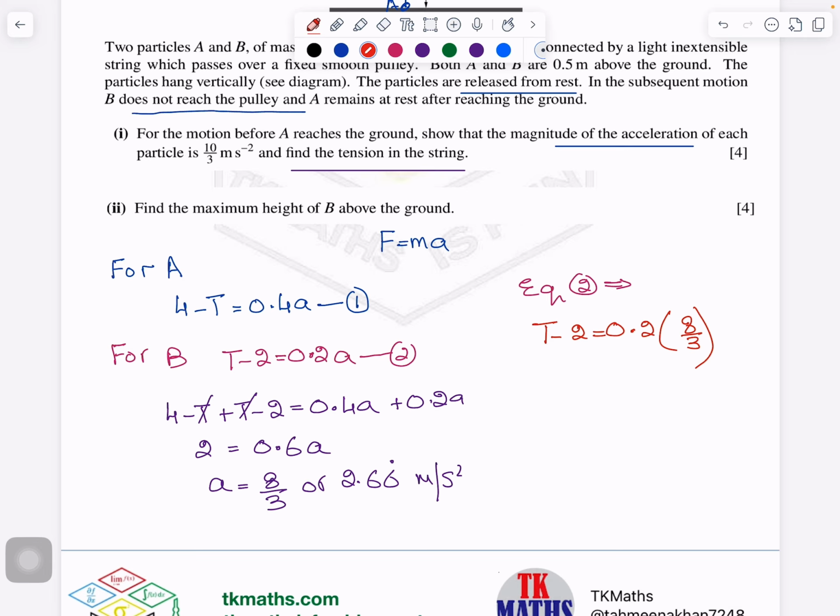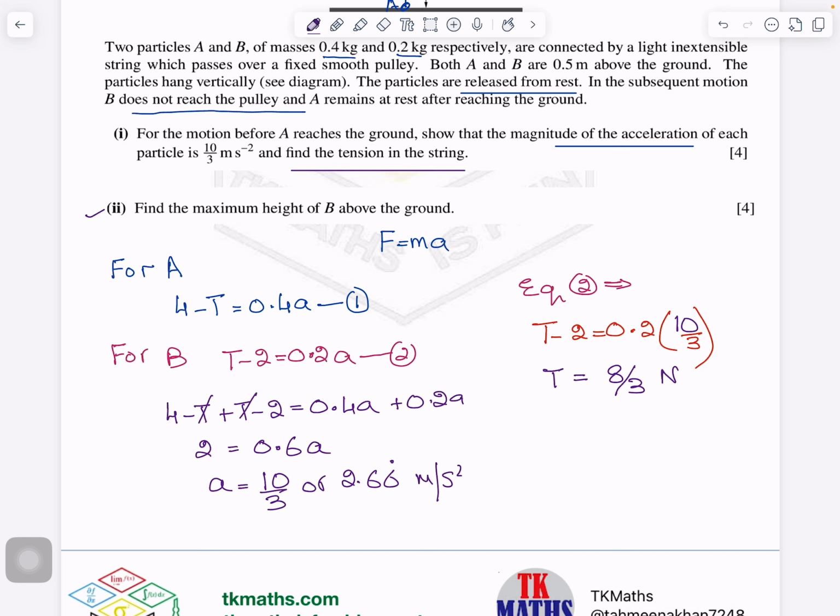Oh, it is not 8 upon 3, it is 10 upon 3. 3 twos are 6, that is right. So this is what we have to prove also. So T equals, now add it up, 2 plus 2 divided by 3 is 8 upon 3. So the tension is 8 upon 3 Newton.